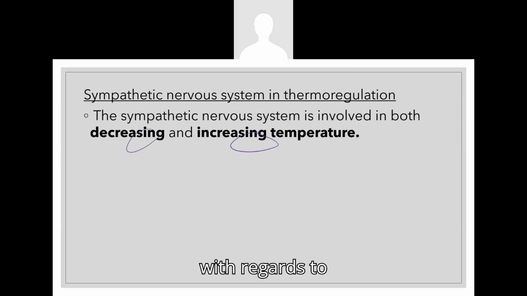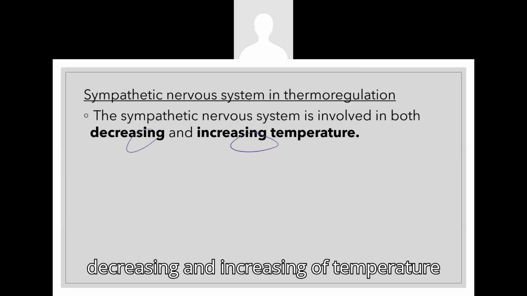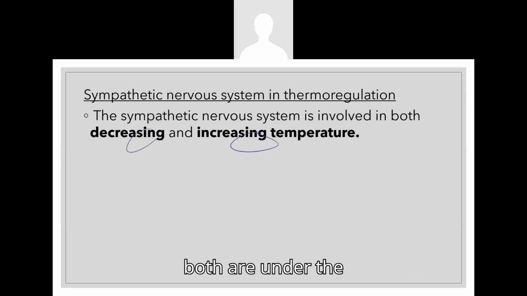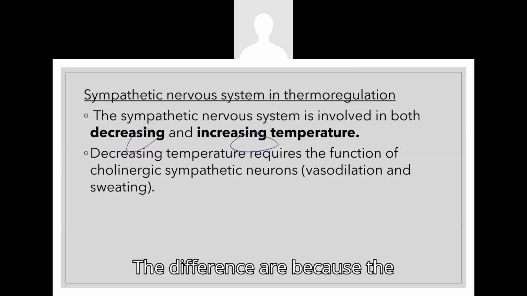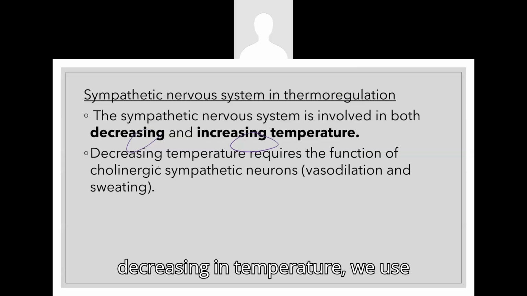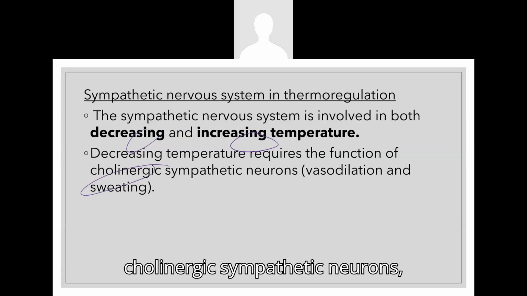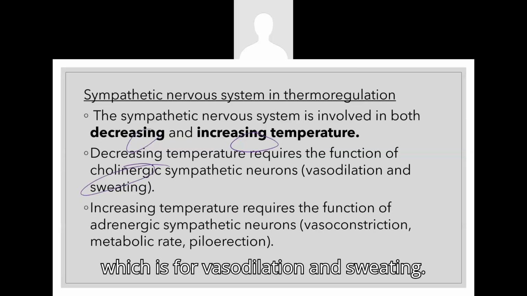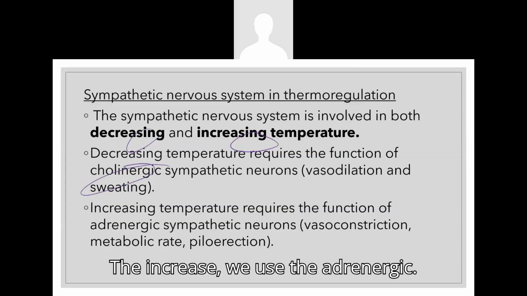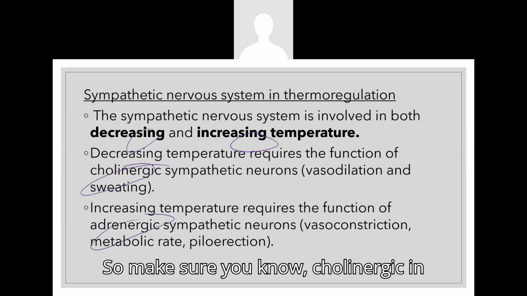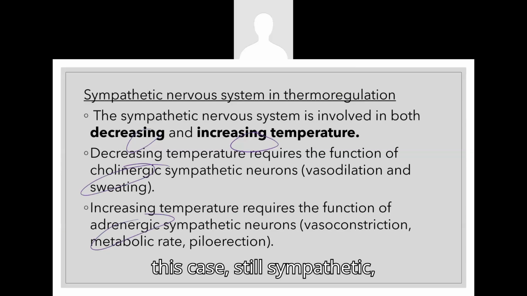But with regards to thermoregulation, the decreasing and increasing of temperature both are under the sympathetic nervous system. The difference is that for decreasing temperature, we use cholinergic sympathetic neurons, which is for vasodilation and sweating. For increasing, we use the adrenergic. So make sure you know, cholinergic in this case is still sympathetic, not parasympathetic.